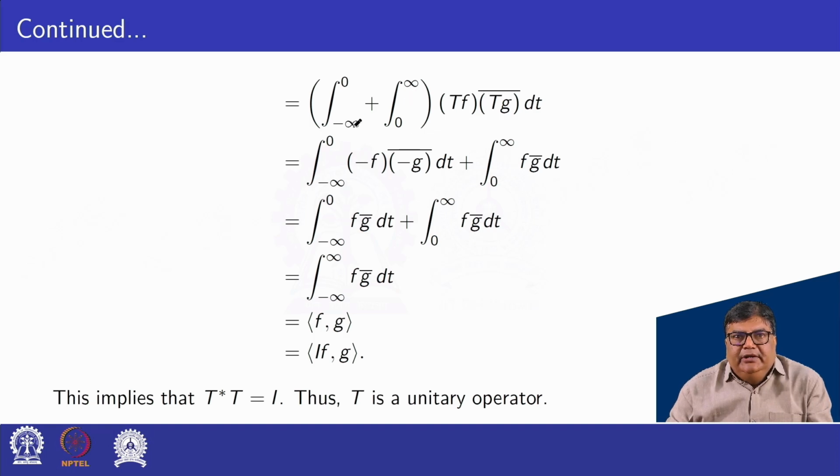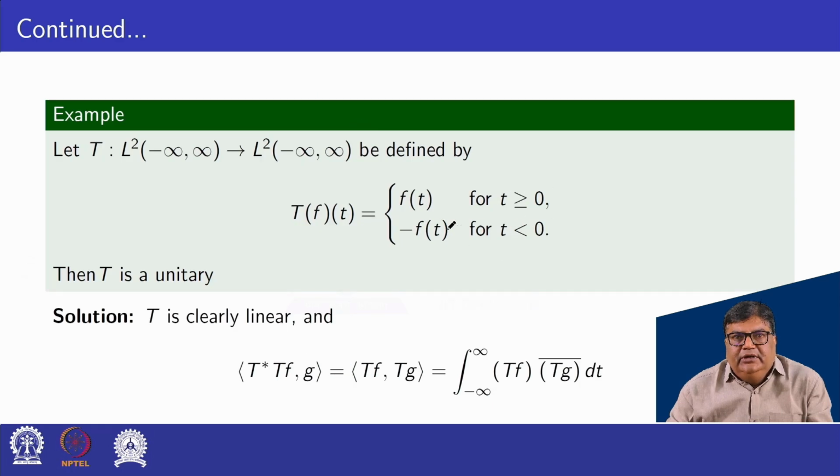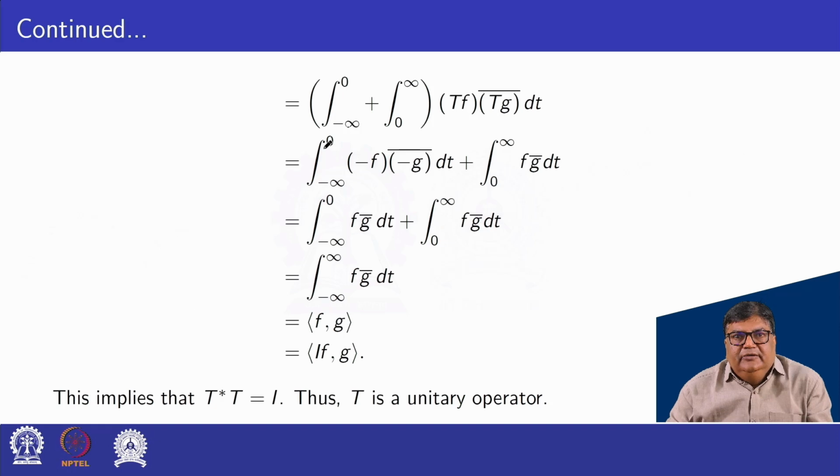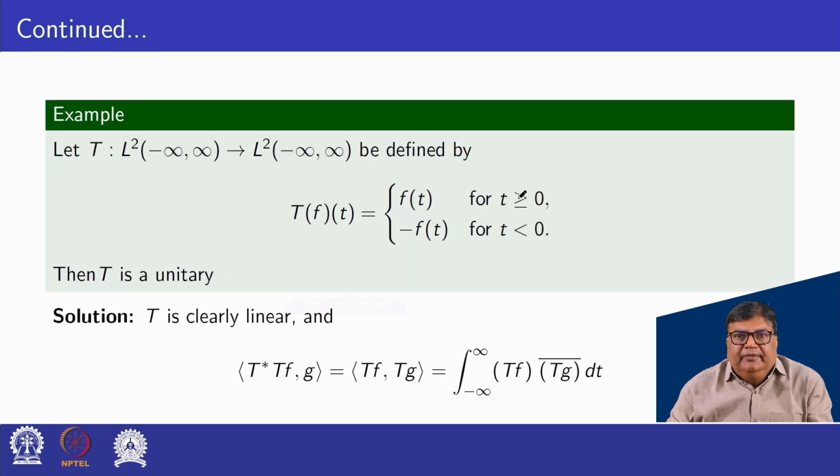From minus infinity to 0, if t is less than 0, the value of Tf(t) is minus f(t). So here, from minus infinity to 0, minus f times minus g bar, because the value of Tg is minus g when t is less than or equal to 0, plus the integral from 0 to infinity of f times g bar dt, because the function defined for t greater than or equal to 0 is f(t).